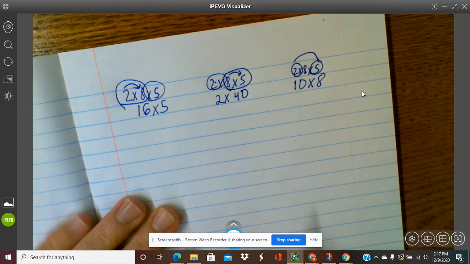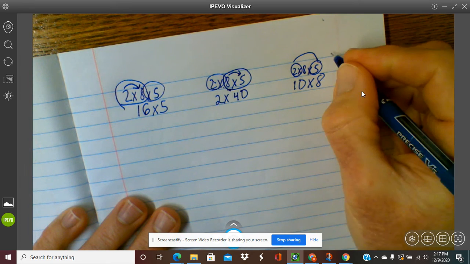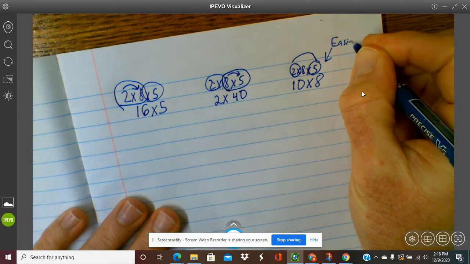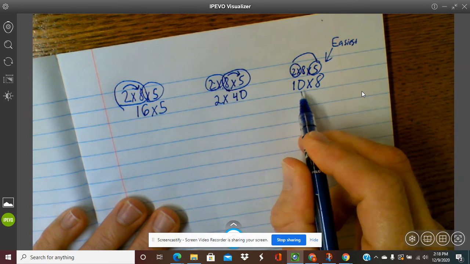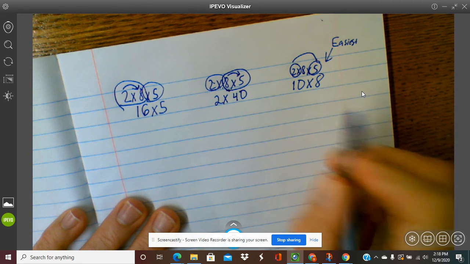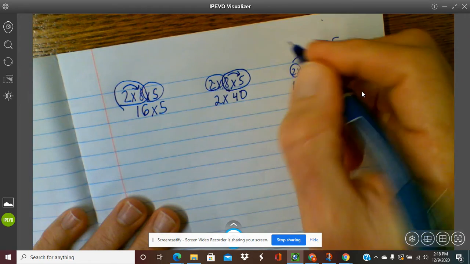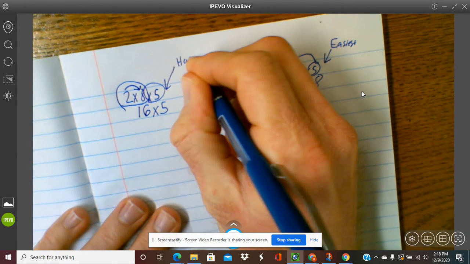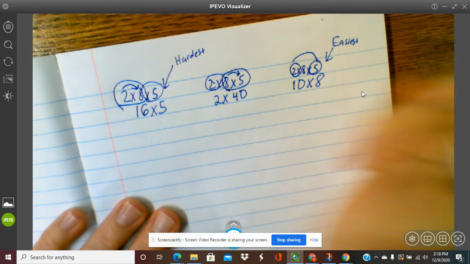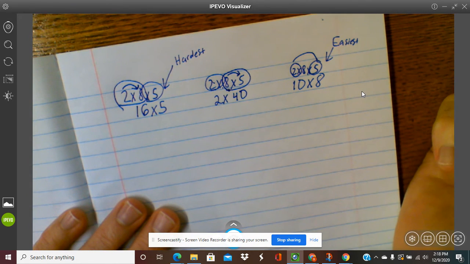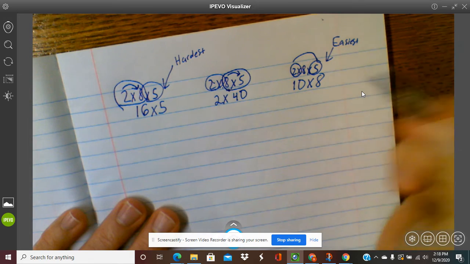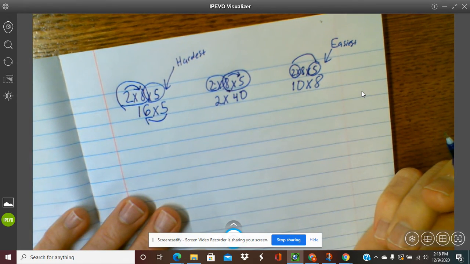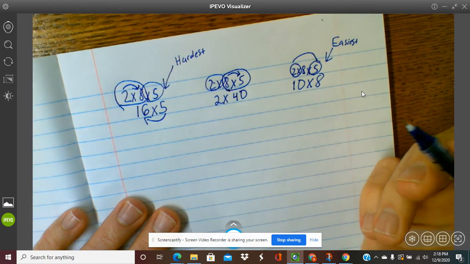If I were to rate these, I'm going to say that this is the easiest, because I really like the fact I'm multiplying 10 times 8. I'm going to say that this is the hardest, even though it's doable. I can skip count by 5, 15 times, or I could add up 16 plus 16 plus 16 plus 16 and so forth.